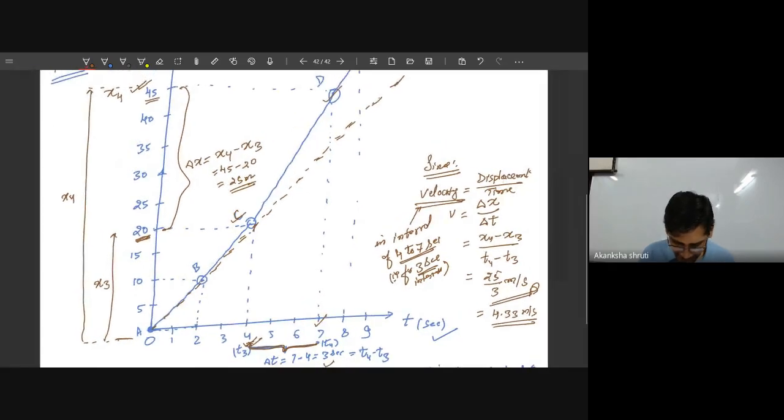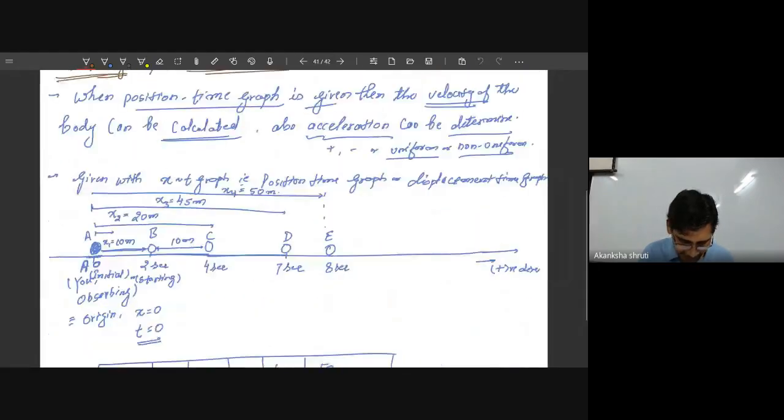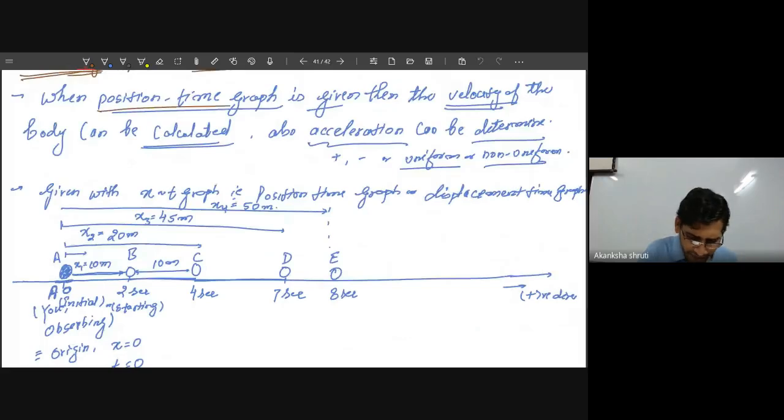So what we had written was that when the position time graph is known, then velocity can be calculated. So this I have illustrated here. So what we can generalize or conclude from this, that we are going to write.